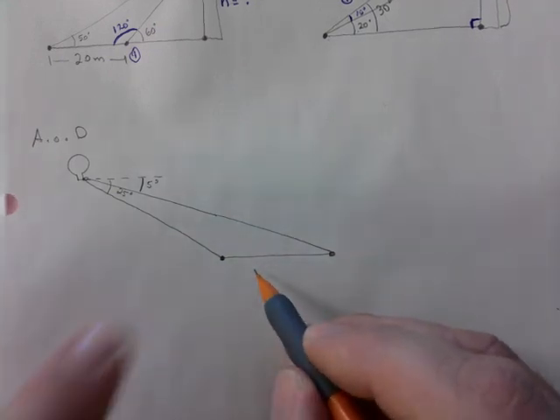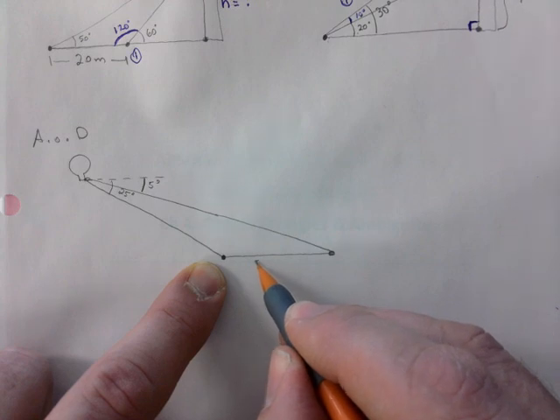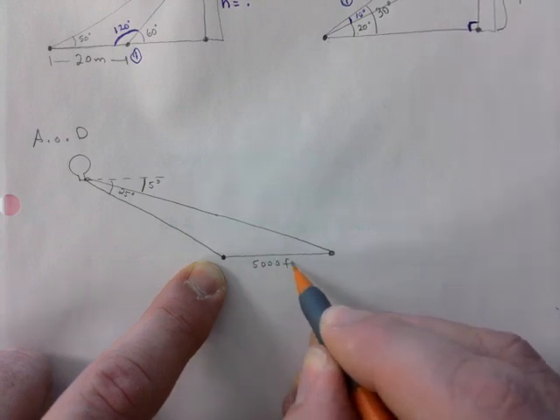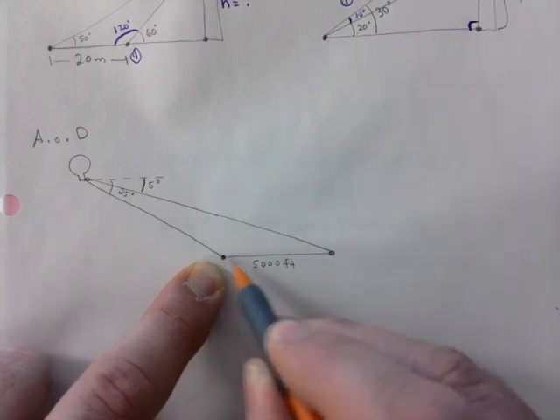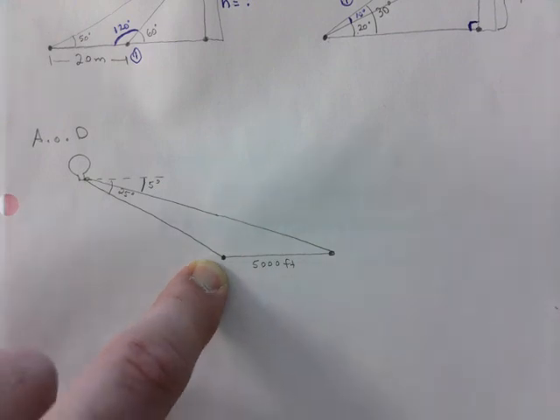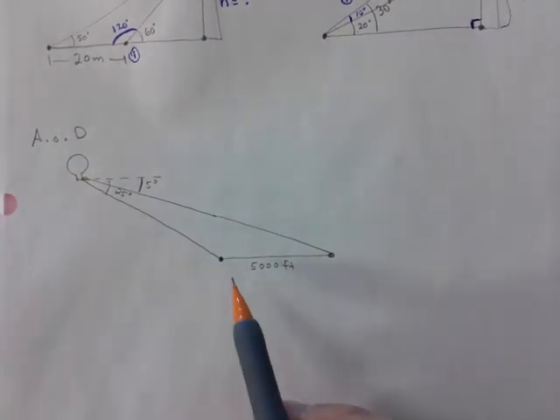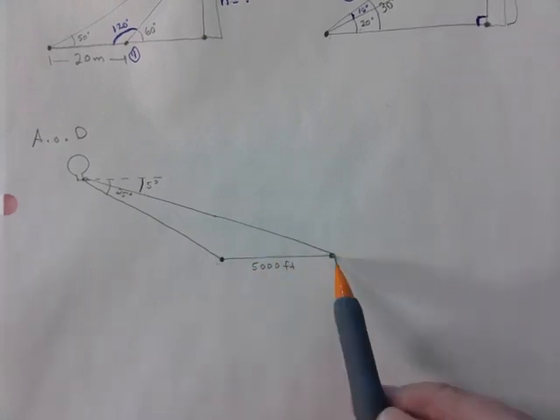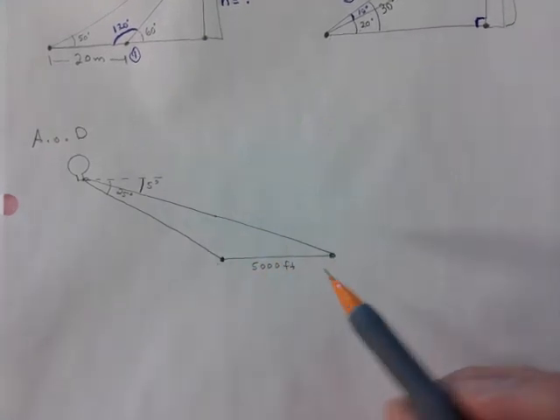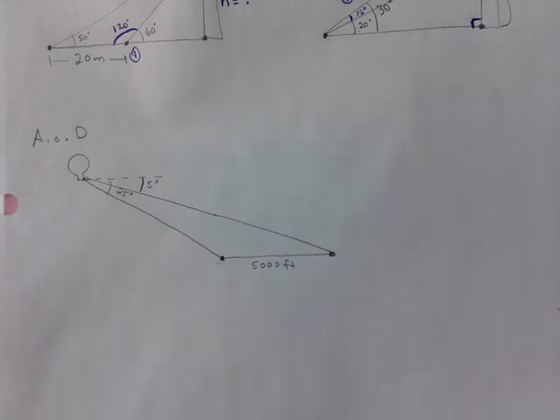I would have to give you a side. So quite often, I won't say it's always, it depends, just look at the question, but it could be that I give you this distance between the two. And now you have it set up. You're looking ahead.